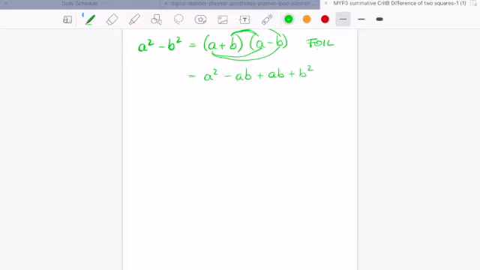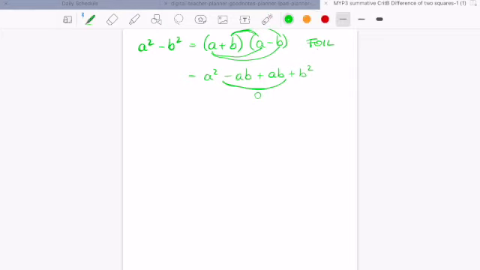So let's have a look. This one and this one together, when we were using the algebra tiles, we called this a zero pair. So this is 0. If I have AB and I take away AB, then I'm left with nothing.